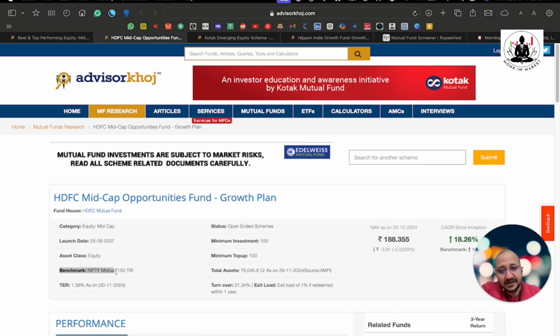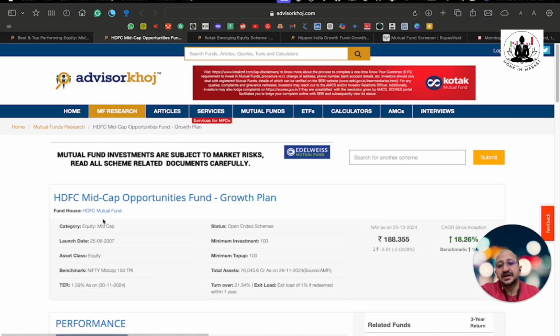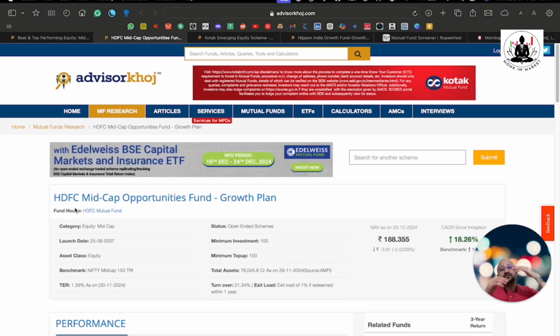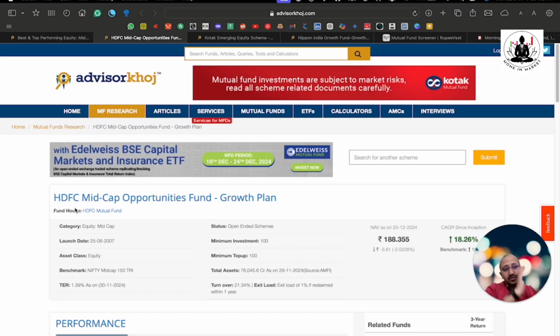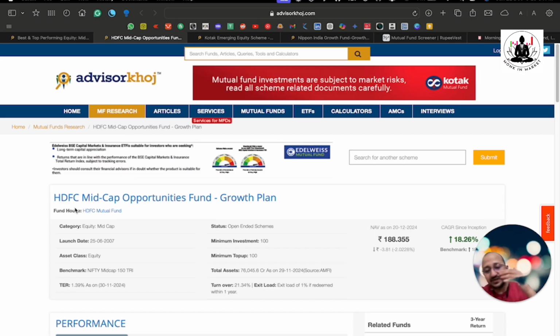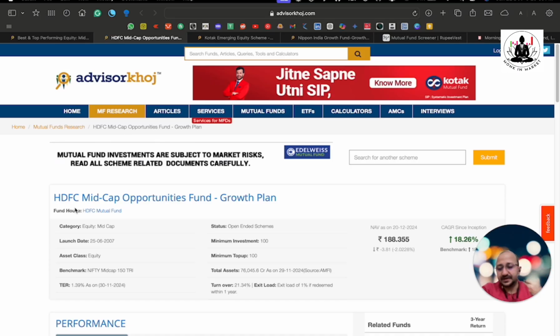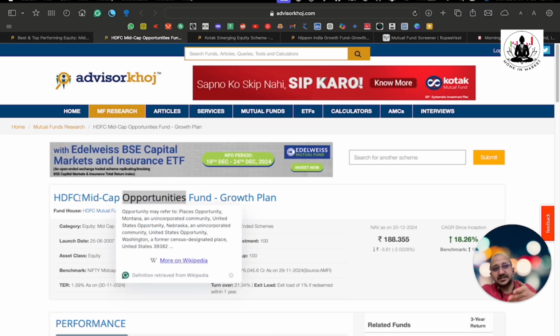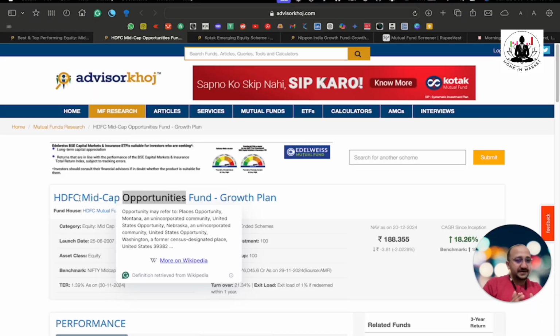Benchmark is again a very important term. Benchmark means the index with which the fund would be compared. Let me give you a very simple example. There is a fund manager.